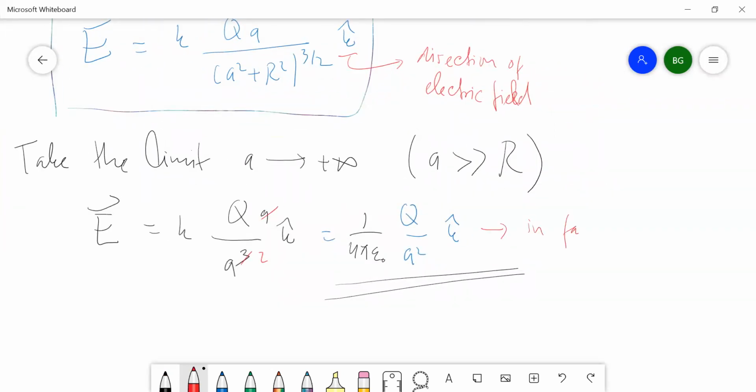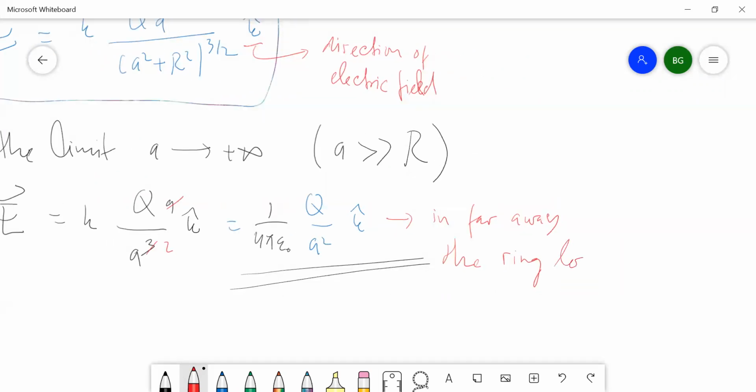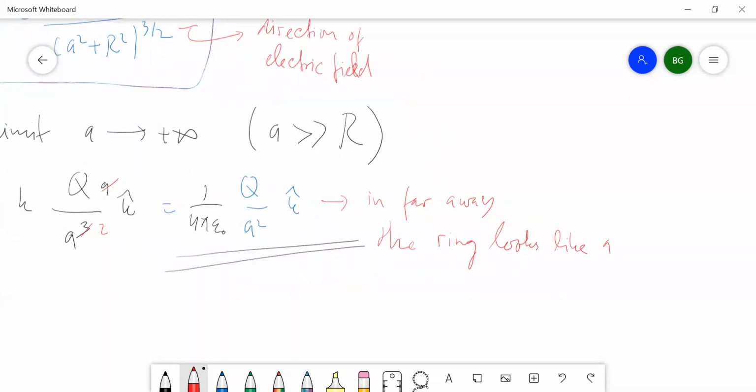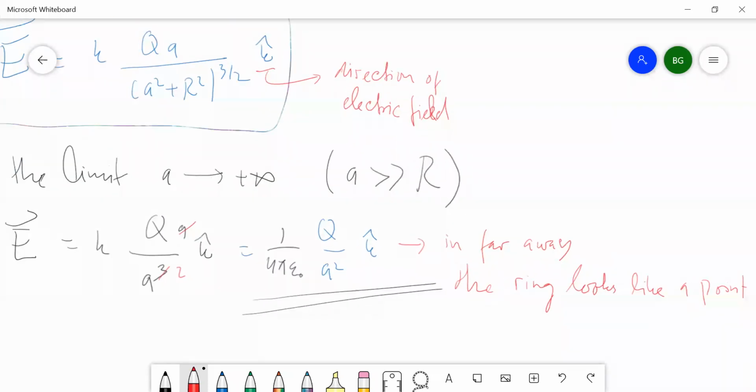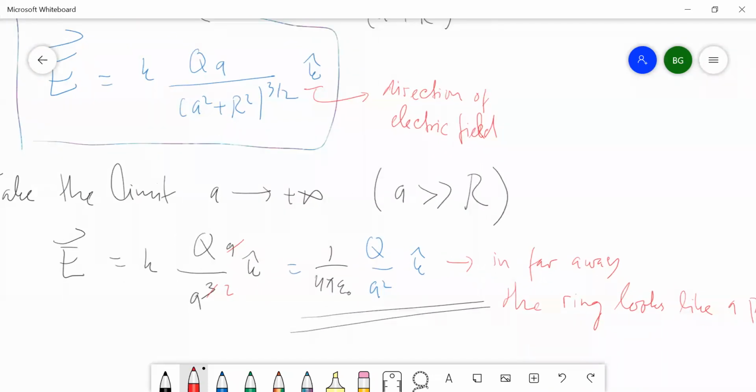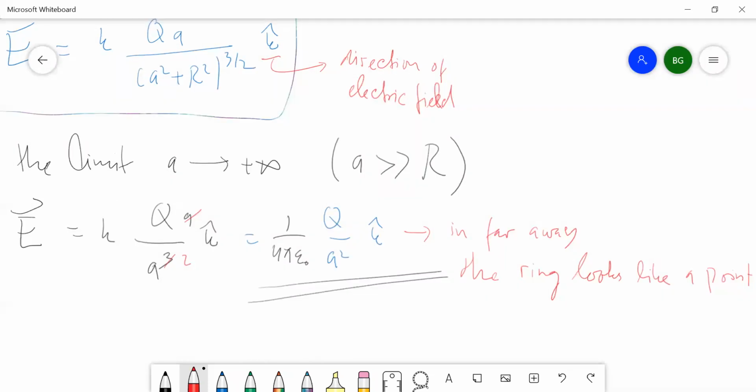Far away, the ring looks like a point charge, okay? Q over S squared is the electric field of a point charge, right?